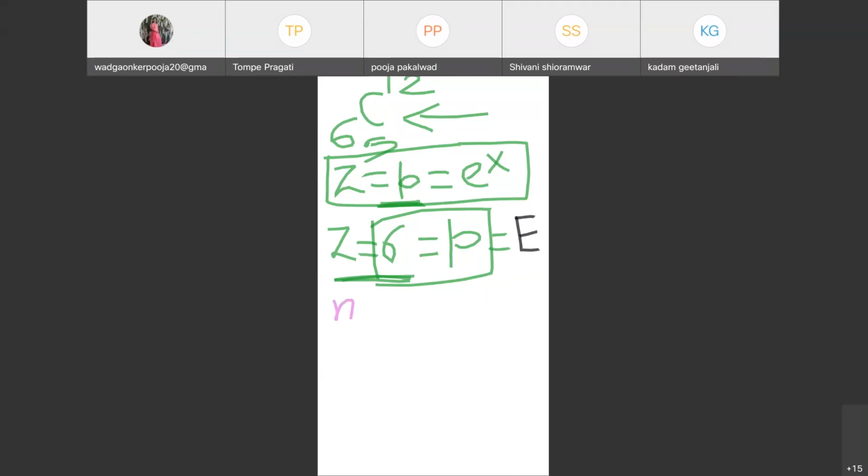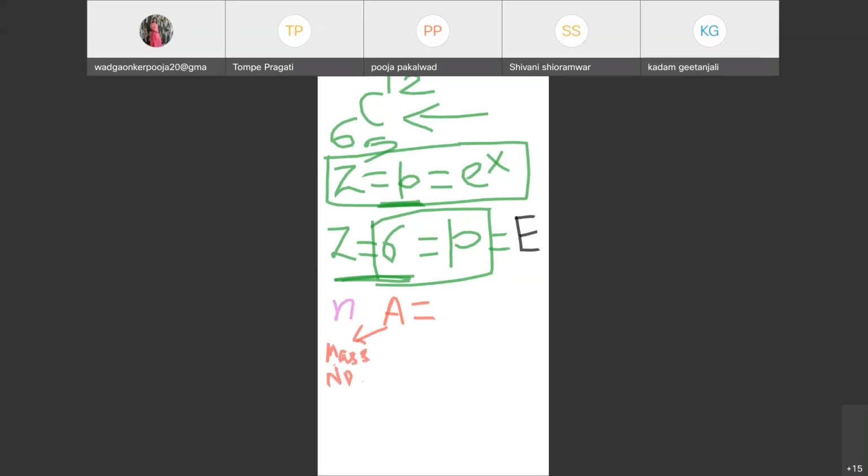Now, to calculate the number of neutrons, you use one formula. Let me write it here. A is nothing but the mass number.